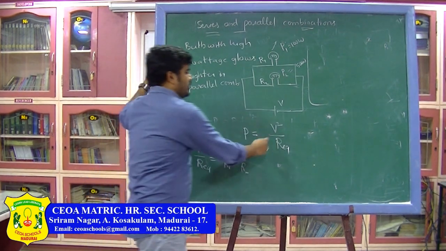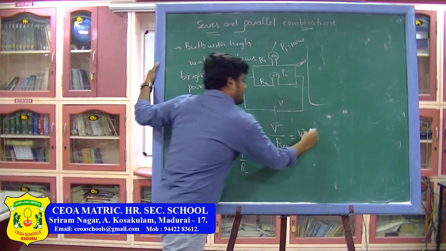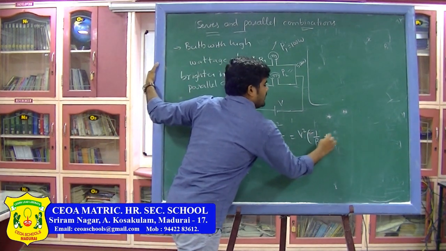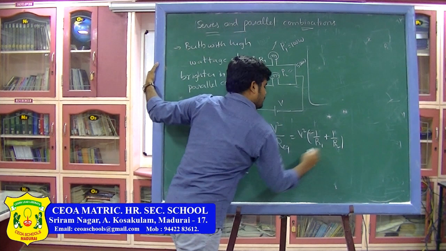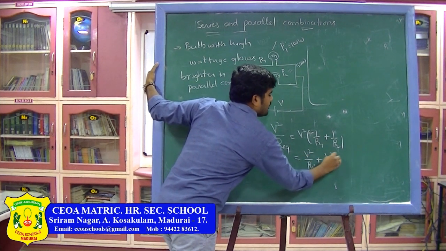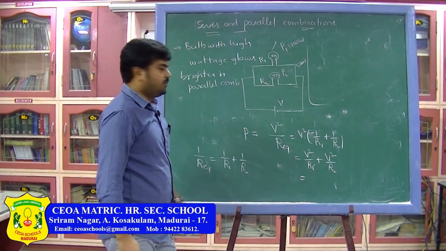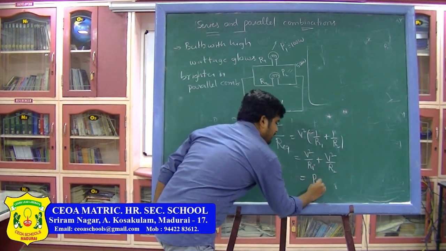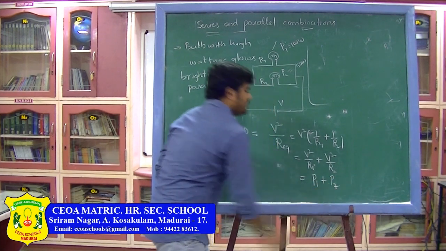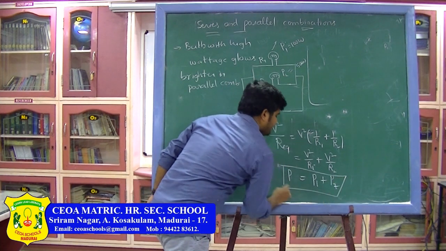Now you can replace: V square into 1 by R equivalent is V square times 1 by R1 plus 1 by R2, that means V square by R1 plus V square by R2. Here V square by R1 is nothing but the power of the first bulb, P1, and V square by R2 is the power of the second bulb, P2. So P is equal to P1 plus P2.